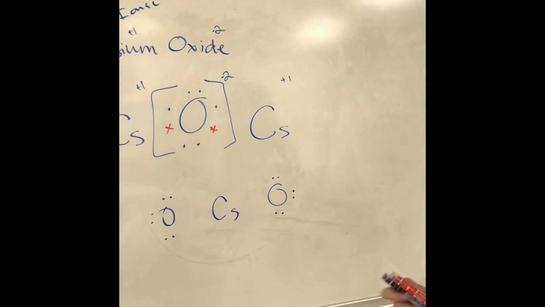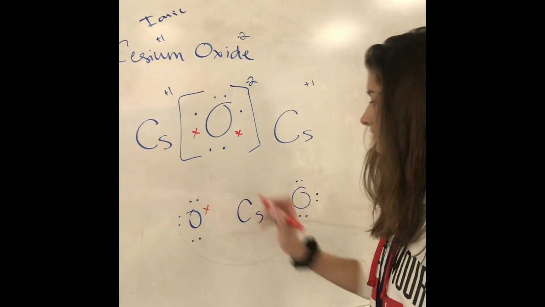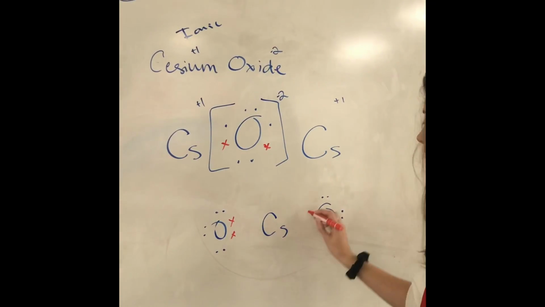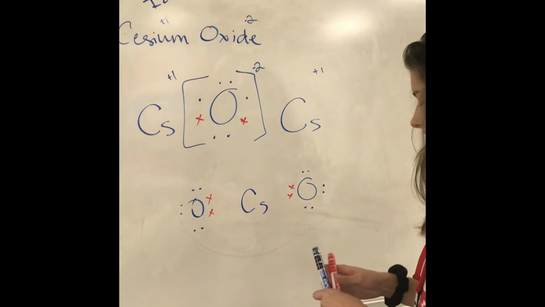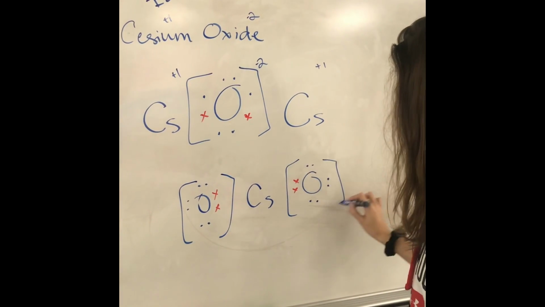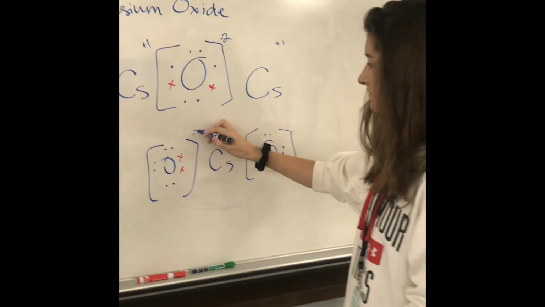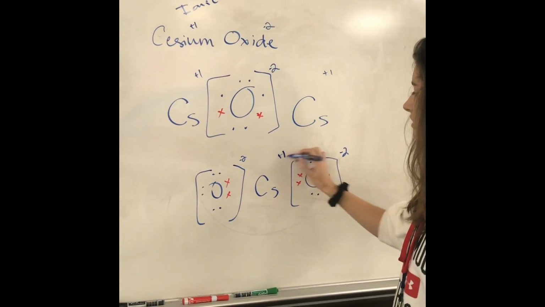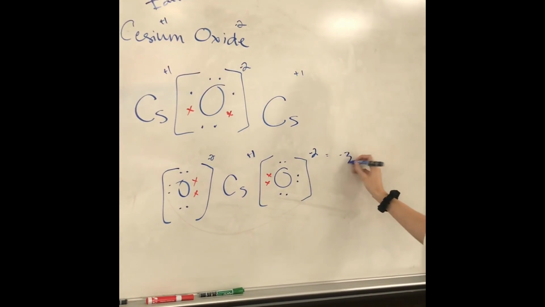And if you did that, you would only have 1 valence electron to give away. But if you still messed it up and you put 4 valence electrons, when you look at the charges after, you would notice that this oxygen has a charge of -2, and this oxygen has a charge of -2, while cesium only has a charge of +1, and this would equal -3, which is not right.